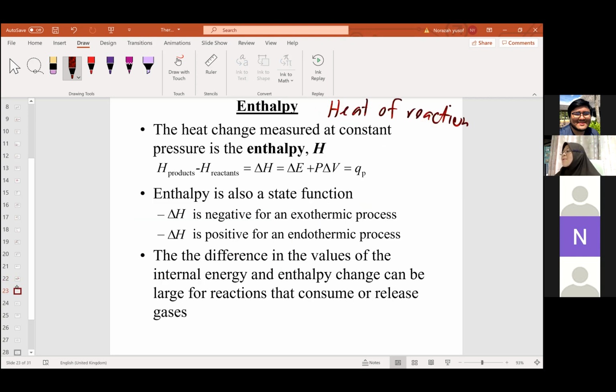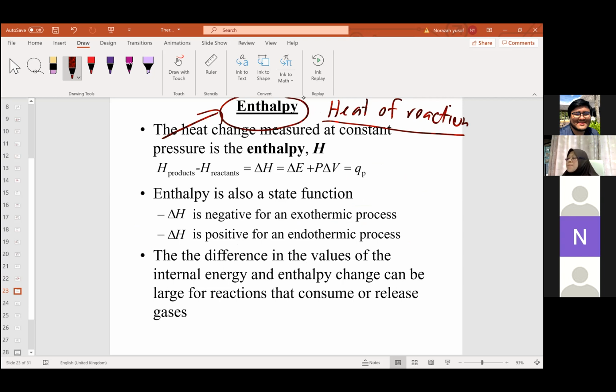Now, that heat of reaction is known as enthalpy. So whatever chemical reaction that we do or is happening in our body, the heat that is absorbed or released is called enthalpy.